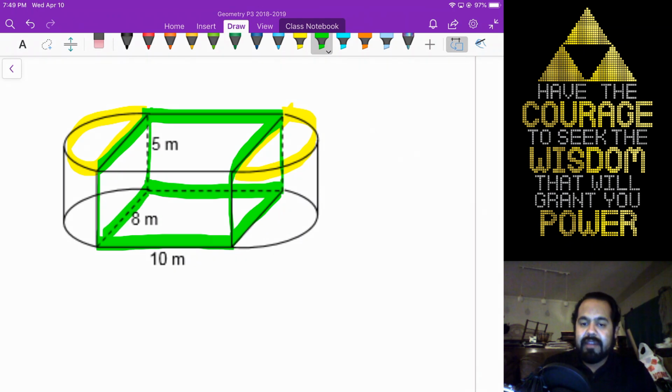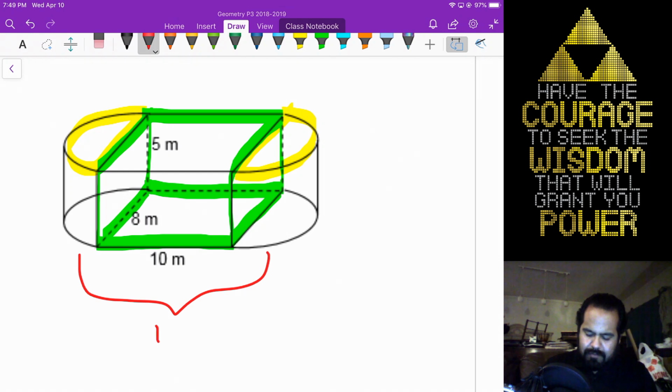For our cylinder, we don't want to have to worry about taking half of anything and then adding it back up. Just remember, this is together one cylinder. In order to find the volume of our cylinder, we're going to need to know its height and its radius.